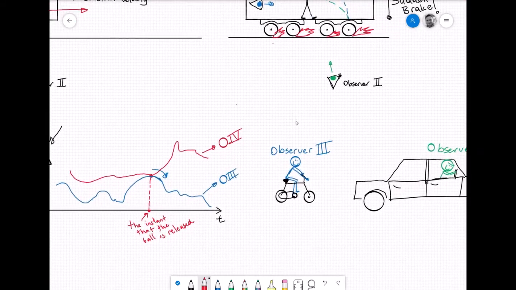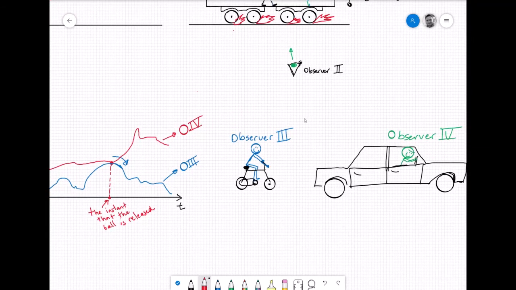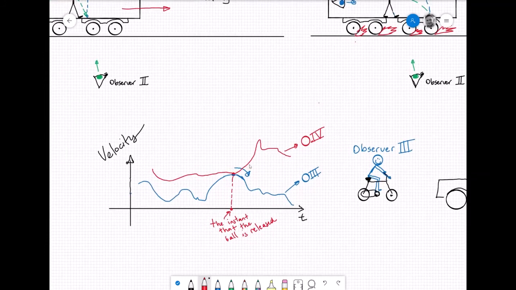Okay, let us add two more observers, observer 3 and 4. 3 is riding a bicycle, 4 is driving a car. And let's assume that these graphs are representing their velocities with respect to time.